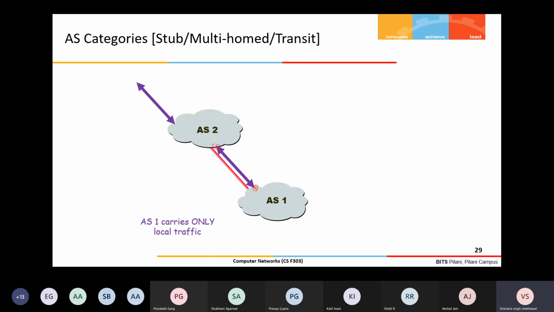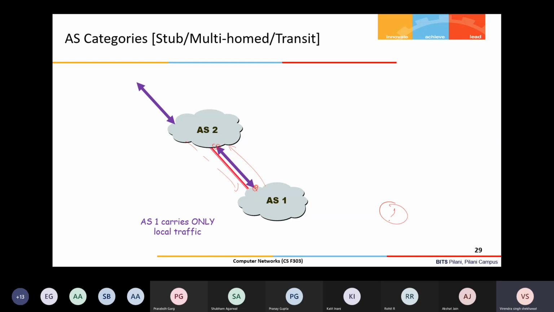If this is there, then AS1 carries only local traffic, meaning AS1 is receiving traffic from AS2 and sending its traffic to AS2, that's all. AS1 is not forwarding the traffic received from AS2 to any other autonomous system. So in this case we call AS1 a stub autonomous system.